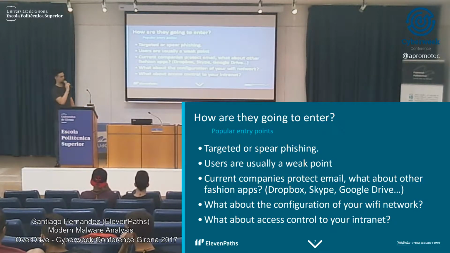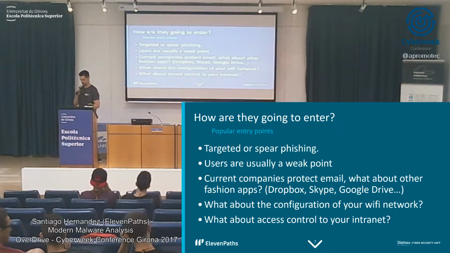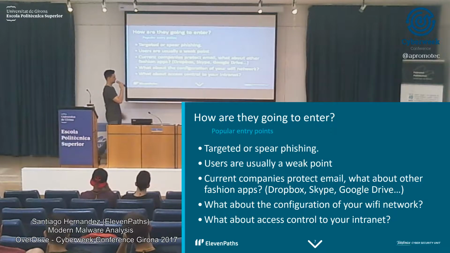And of course, nowadays, all the companies protect their email from phishing and all that. But the real situation is that nowadays there are a lot more apps being used in companies, like, for example, Dropbox and Skype, that are currently used for spear phishing and other things, for example, for sending exploits, and that are very difficult to control, and the majority of companies don't control them.